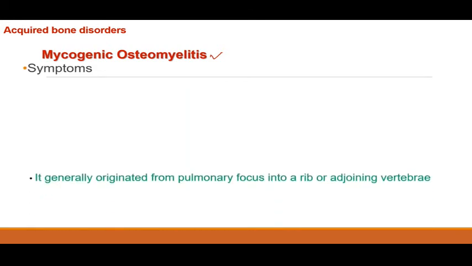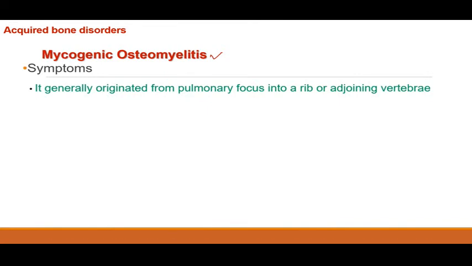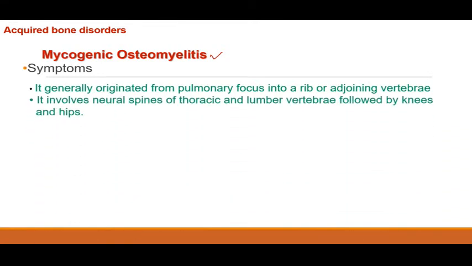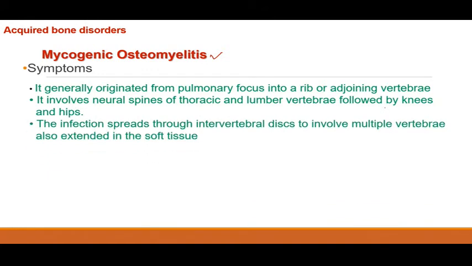Next is mycobacterial osteomyelitis, or tuberculosis osteomyelitis. As far as symptoms are concerned, it generally originates from a pulmonary focus into a rib or adjoining vertebrae. It generally involves neural spines of thoracic and lumbar vertebrae, followed by knees and hips. The infection spreads through intervertebral discs to involve multiple vertebrae and extends into the soft tissue, forming abscesses.